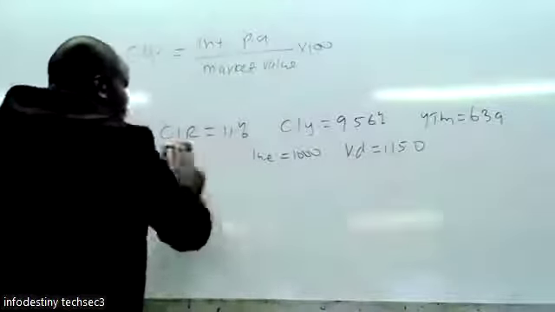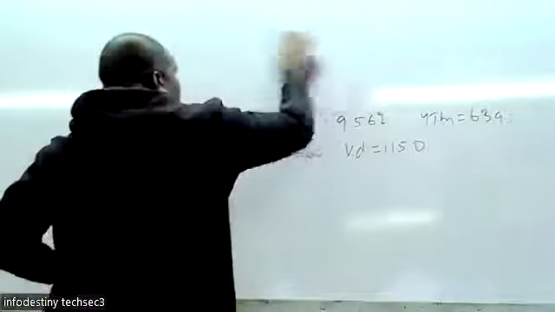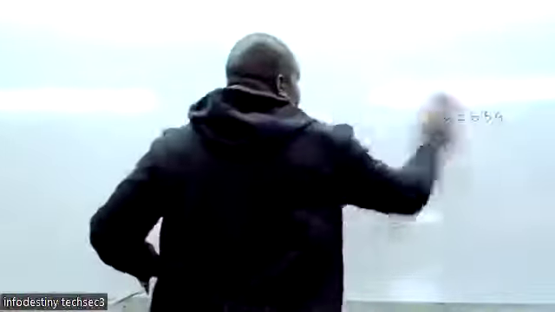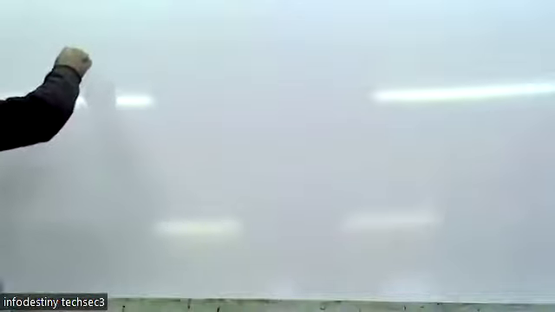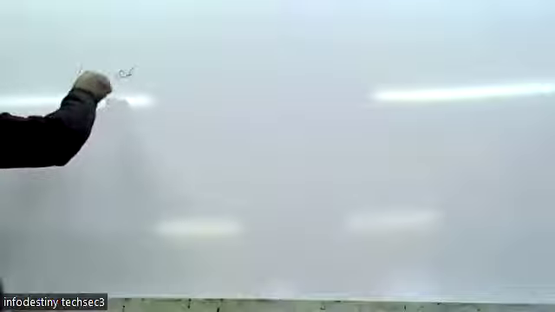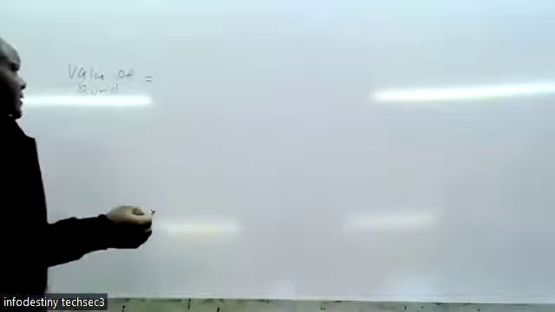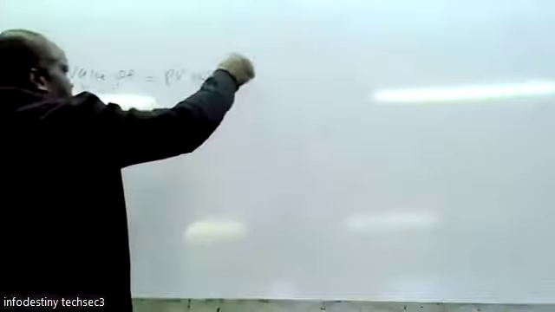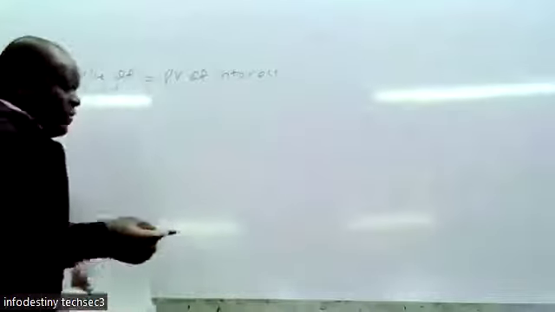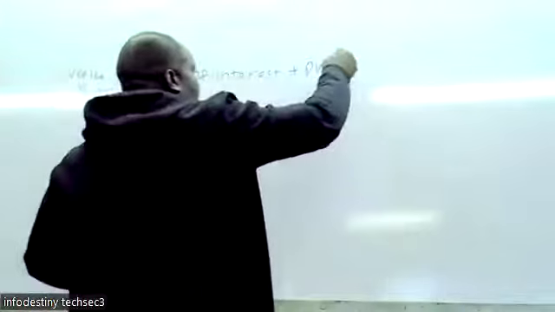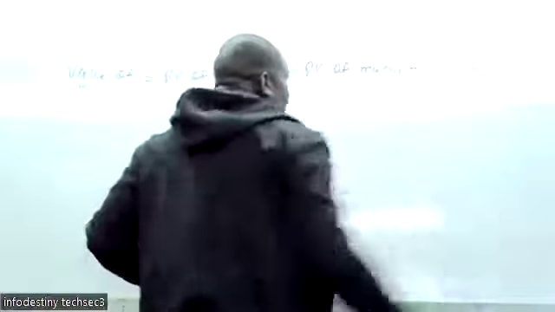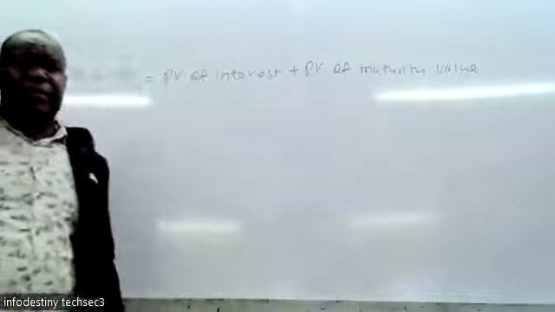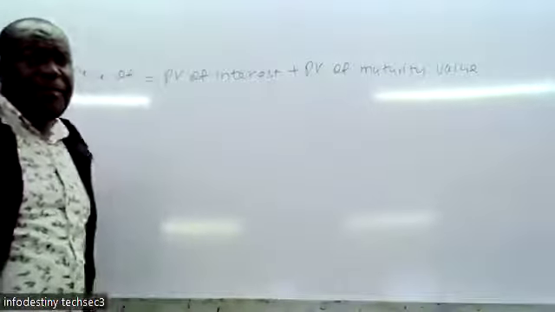So when you want to calculate the value of the bond, it is given by the present value of the interest, then you add the present value of the maturity value.